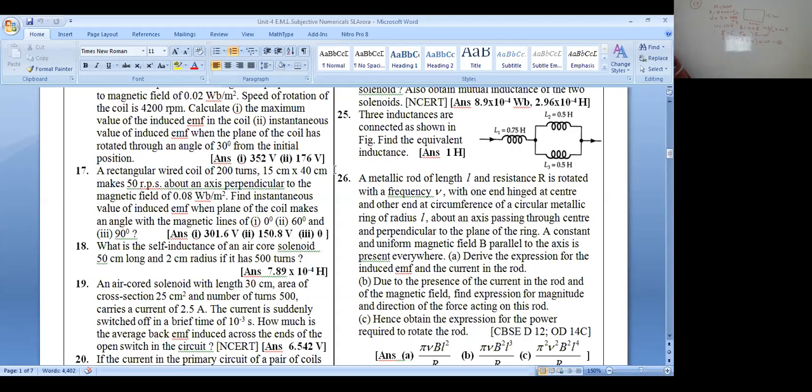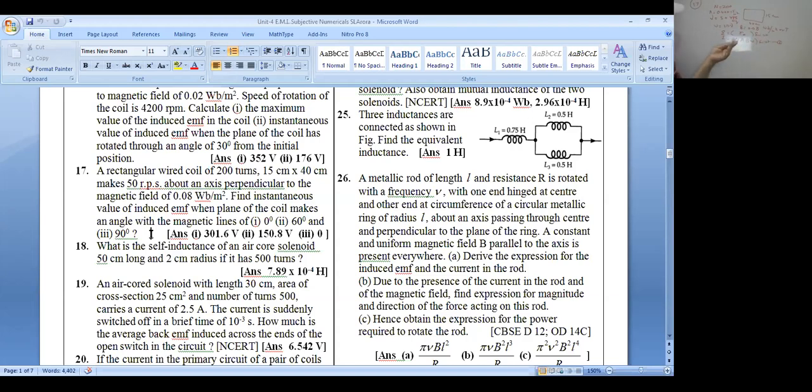Got it? Got it now? So this way, you have to take care whether the angle is given with the normal or with the plane of the coil.